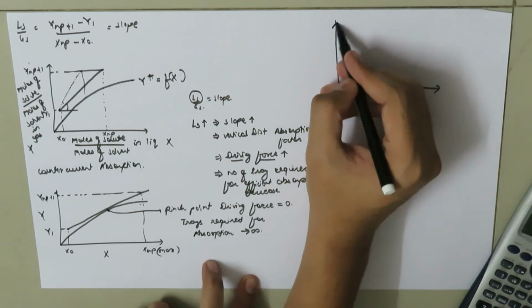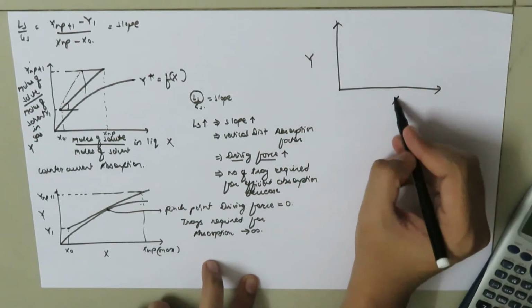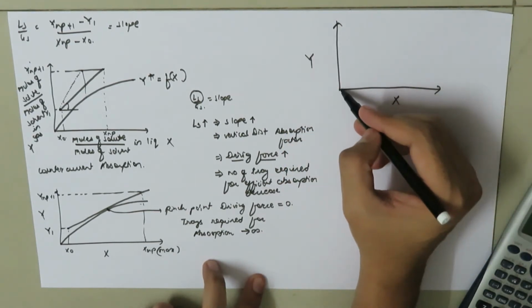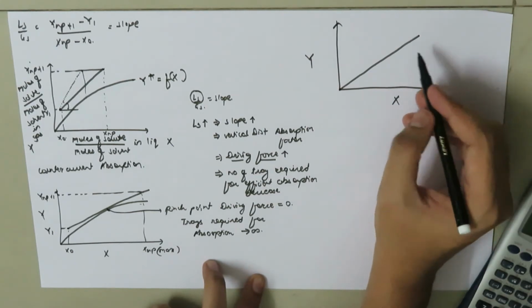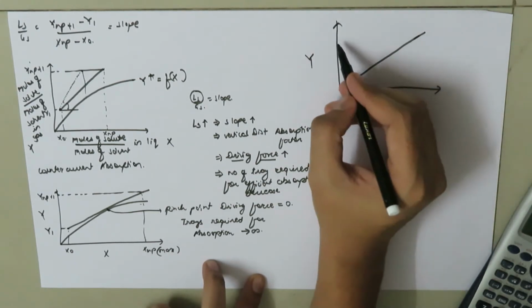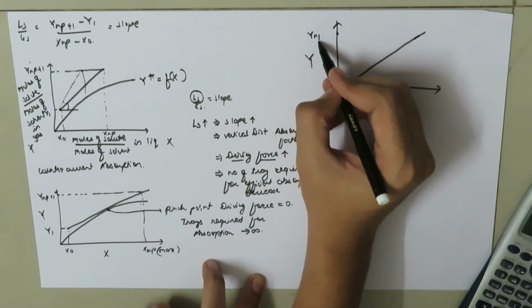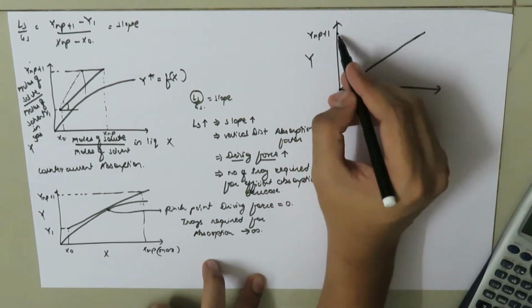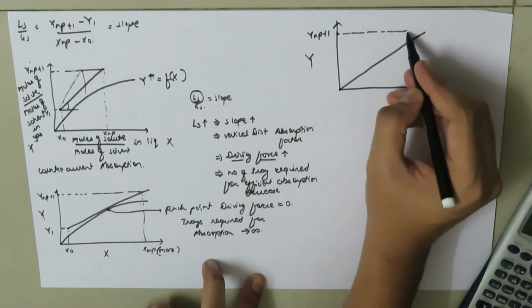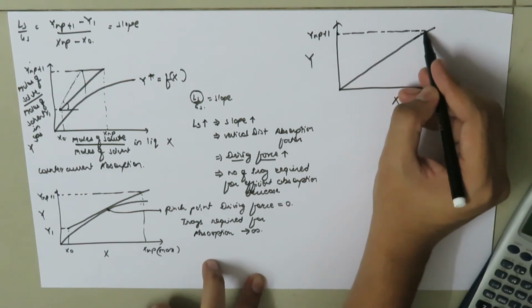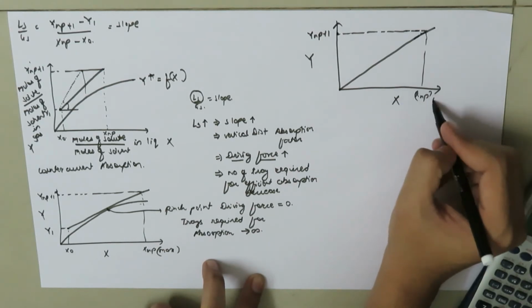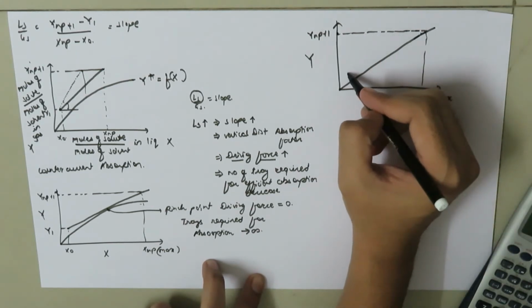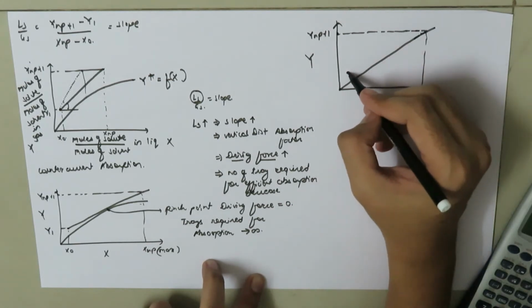So if we draw this as capital Y and here we have capital X, when Henry's law is applicable the equilibrium curve will change into the linear equilibrium line, and here we have capital Y_{Np+1}, and where this touches the equilibrium line, the corresponding point will be called X_{Np} max, and in this case our operating line will be something like this.